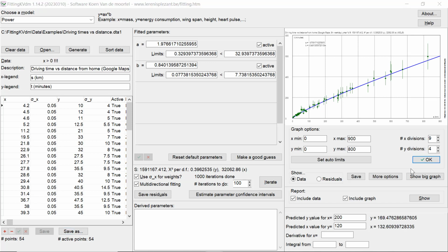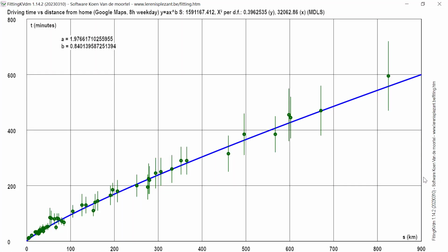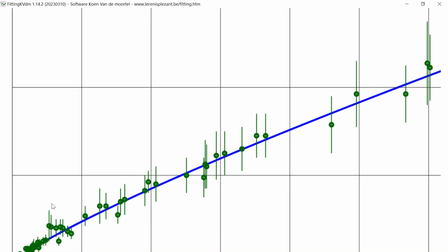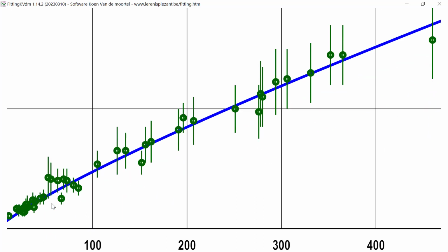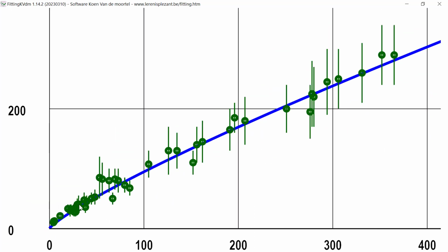We can also see which connections are good or bad. The points, we can make this bigger. And this is, for example, Brussels and Antwerp. They are much above the curve. So it means time is much longer than you would expect.